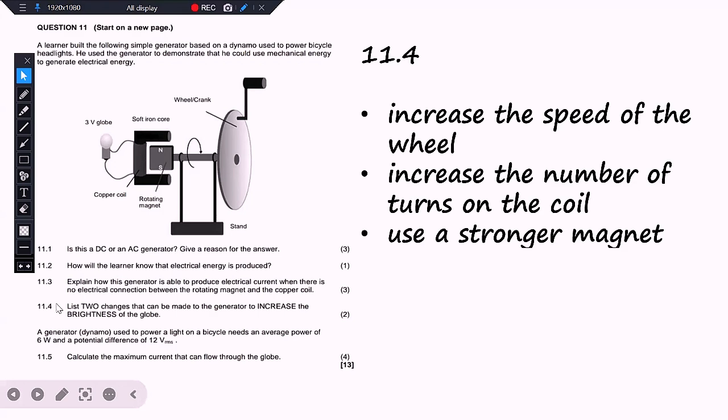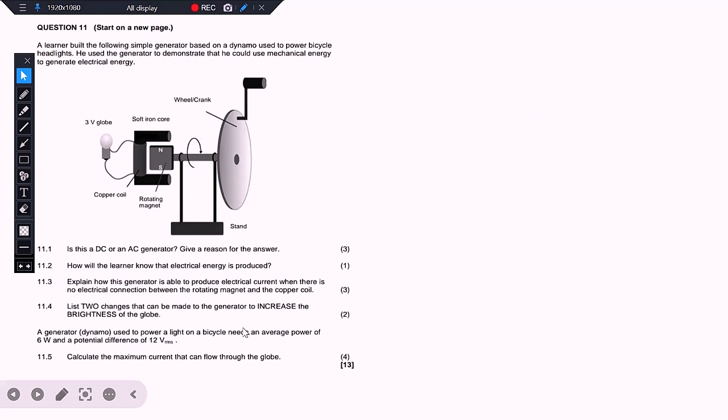Right, then a generator or dynamo used to power a light on a bicycle needs an average power of 6 watts and a potential difference of 12 volts, which is V_RMS. Then now they say calculate the maximum current that can flow through the globe. Then in order to calculate that, we know that we have to first make use of what we are given here. We are given the power, and then we are also given the V_RMS. We are looking for the I_max.